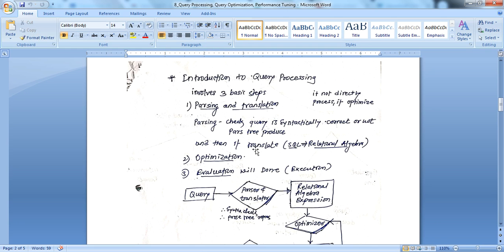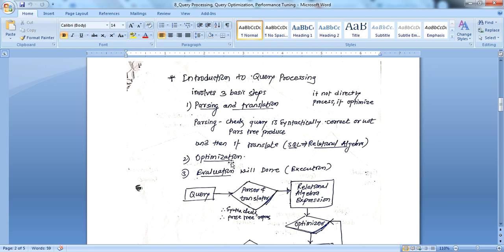Then it translates the SQL into relational algebra, creating the relational algebra related to that query. So parsing checks the query is syntactically correct, the parse tree is produced, and then it translates into relational algebra. This is the first step under query processing.